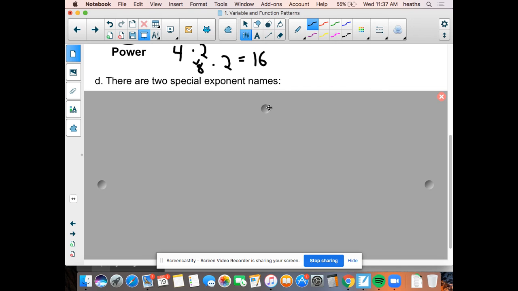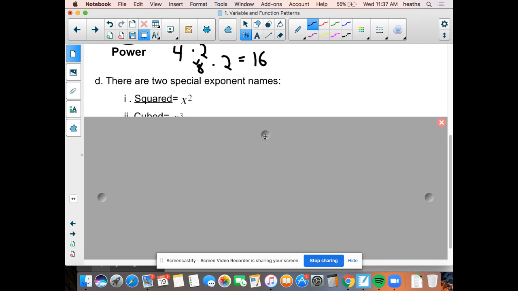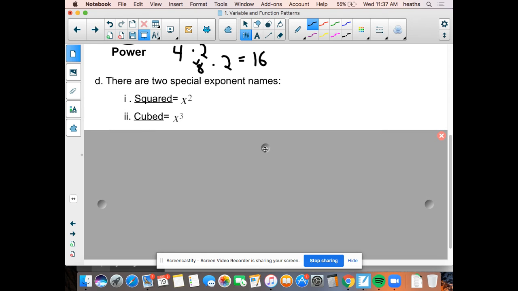There are actually 2 special kinds of exponents, which you probably have heard before, and they are squared and cubed. I just use the variable x right now because it doesn't matter what the number is. X just means we don't know. Anything to the second power is called squared, and anything to the third power, in this case x to the third power, is cubed.